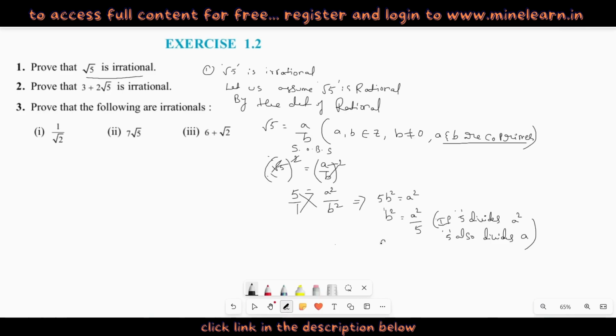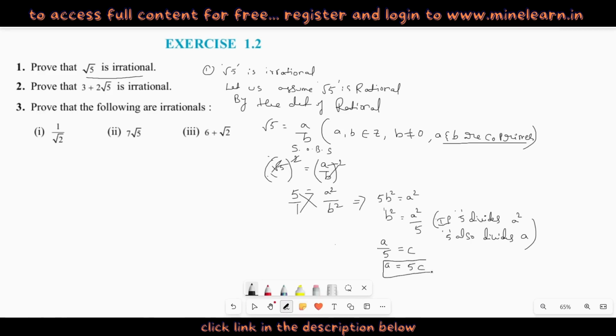Means a also has to be divisible by 5. Let us assume the coefficient is c. Now a is equal to 5c, since if the divisor goes outside, it will multiply.